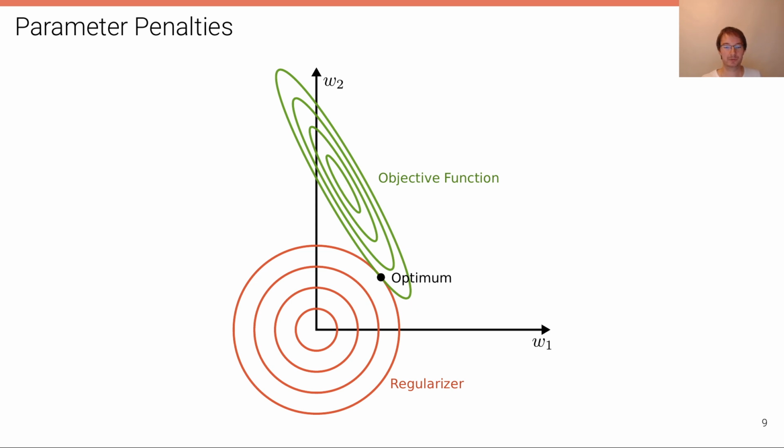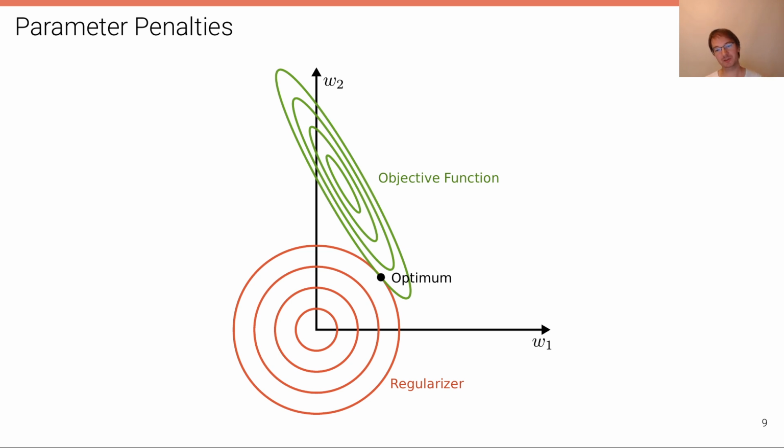Now what we do when we apply parameter penalties is add a regularizer. In this simple illustration, we have an L2 regularizer where the contour plot looks like this. So we have concentric circles as these contour lines, where we pay an increasingly high price if we go further and further away from 0, 0, which is where this regularizer is 0.